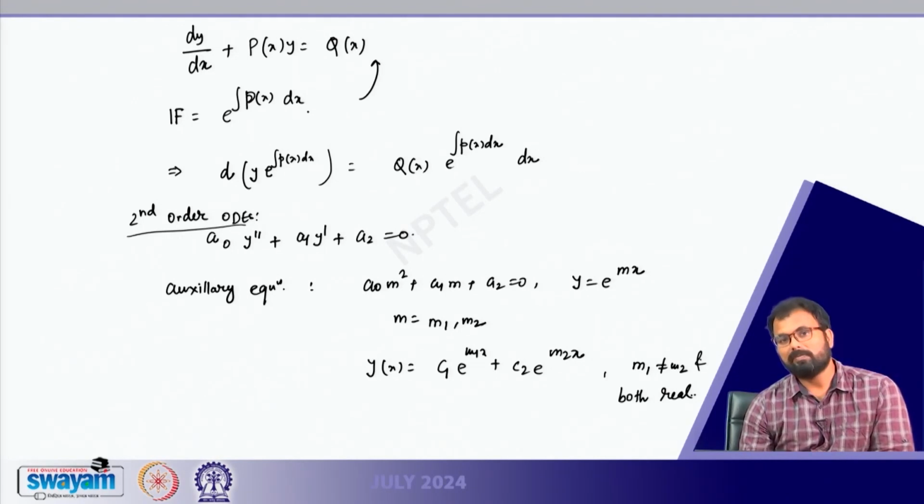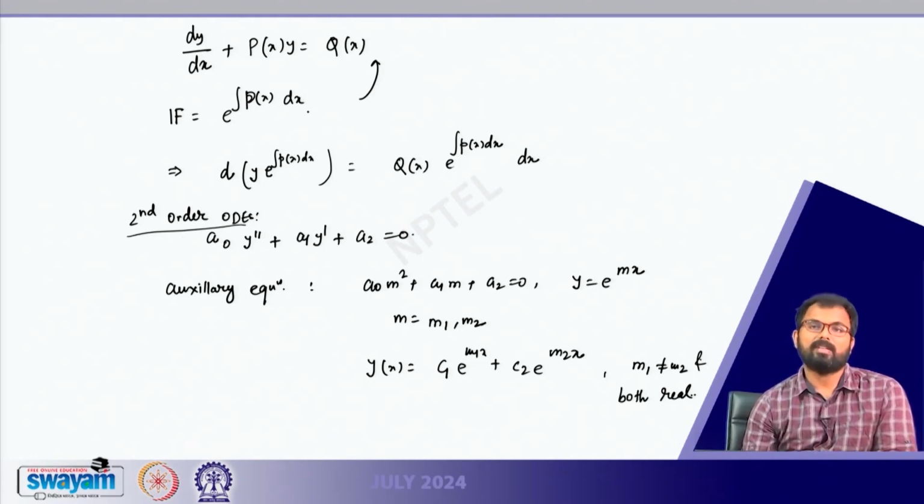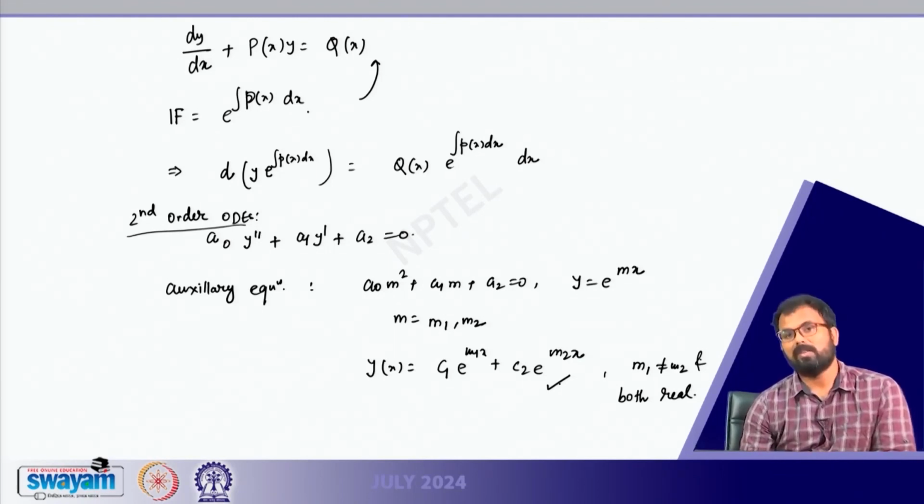Now on the right hand side, instead of 0, if you have, let us say, functions of x, then not only the general solution, you also need to find out the particular solution. Right now this is a general solution. For any C1 and C2, it will satisfy the given ODE.